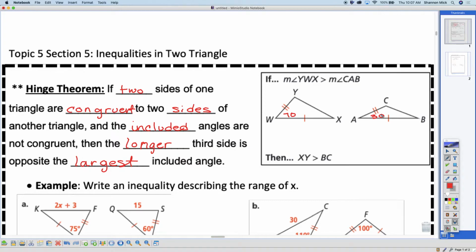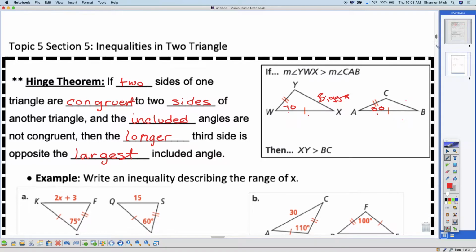That's what this says. If these two sides are congruent, see the two sides are congruent? Everyone see that? This angle is bigger than that angle, so that means this side is bigger than this one. That's what it means. Similar to the one yesterday. Remember yesterday, the largest angle, largest side, same thing.